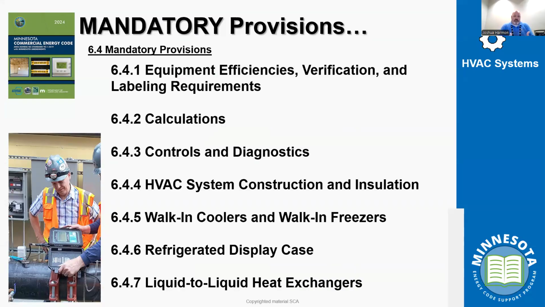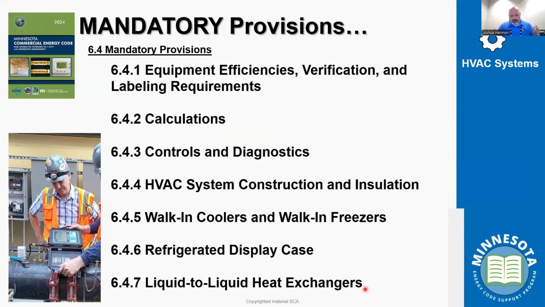So again, we understand there's certain mandatory expectations. We'll run through most of these in this process today, but there are some, like walk-in coolers or refrigerator displays, that we're probably not going to get into, because not every project is going to have every component.